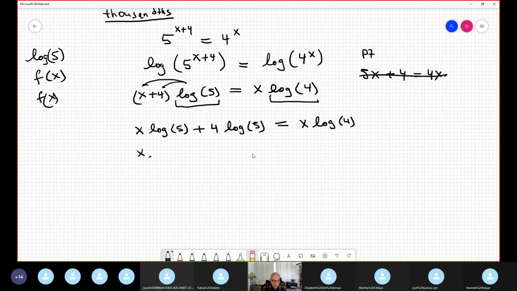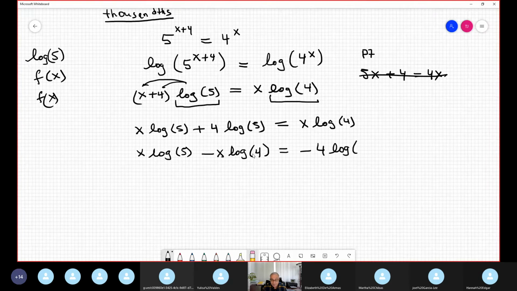For example, this stays here. I move this to the left, and I move this to the right, of course using the opposite sign. Now factorization: x is a common factor.